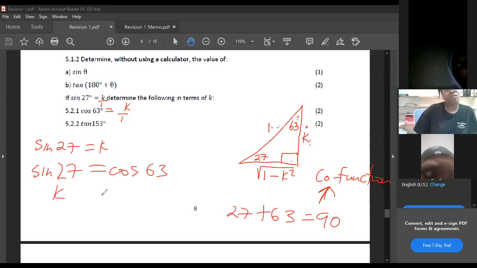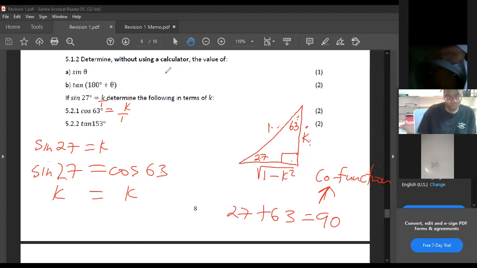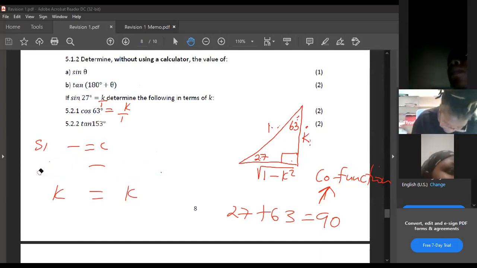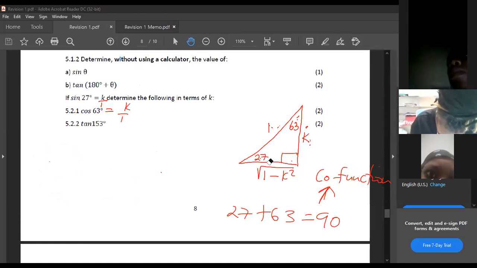That's why if this is k, this is also k. Remember, if 27 plus 63 is 90, then sine 27 is equal to cos 63, cofunction. Cofunction is the second method. The first method is a diagram.